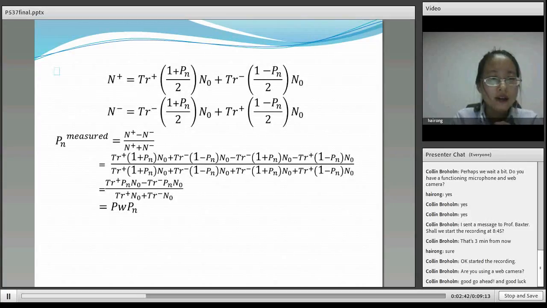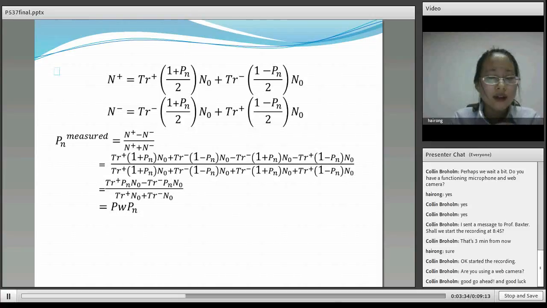For the next slide, N plus means the number of particles that don't have the spin flipped, which we can see from the formula equals the transmission for parallel particles times the number of parallel particles plus the transmission for antiparallel particles times the number of antiparallel particles. The number of flipped particles is marked as N minus, where we switch the transmission from parallel to antiparallel in N plus.